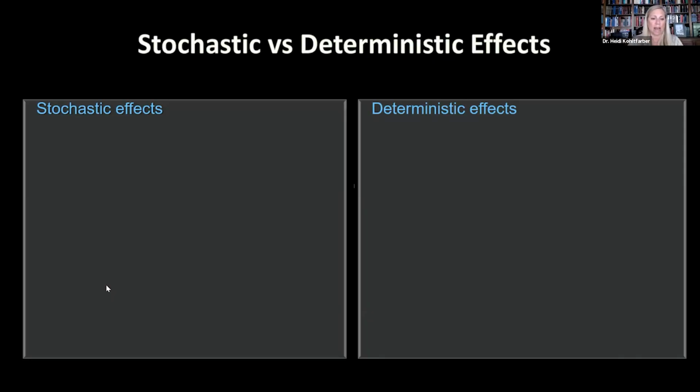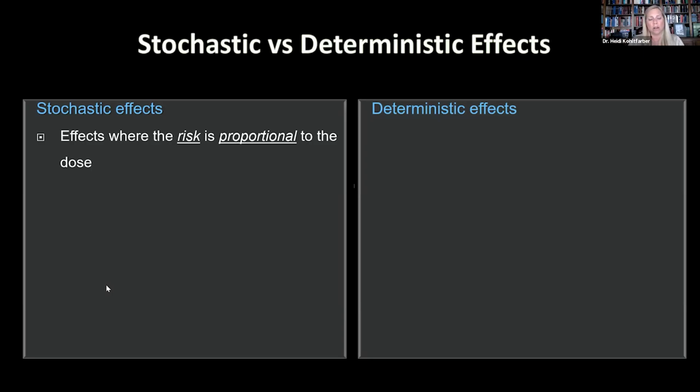So let's talk about our stochastic effect. Here the risk is proportional to the dose. So I can say, example, if I were to go to Vegas and I'm throwing the dice, the more times I throw the dice, the more opportunities I would have for a 5.